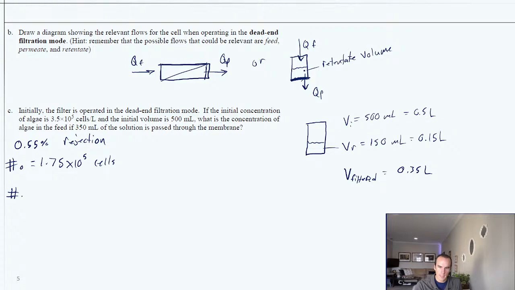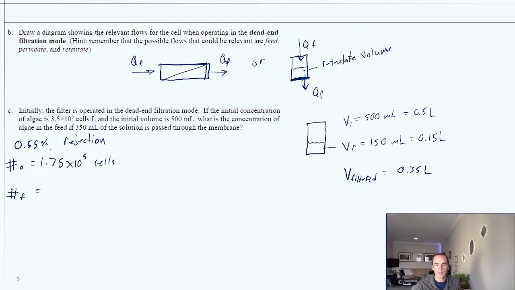Or you know what, we can actually look at the number of cells in the solution after we've done the filtration. We can get that by taking our number of cells that would still be remaining in the 150 milliliters, just plain and simple. That's how many would be there without any filtration.